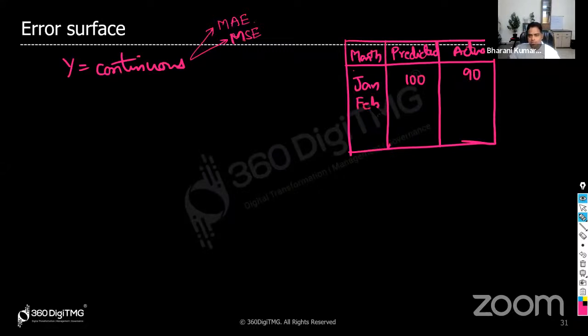And in the month of Feb, you predicted that sales would be $90 million, but actually say it was $100 million. For the month of March, say your model predicted that your sales will be $110 million, but actually your sales was $100 million. And in the month of April, say you predicted that the sales will be $100 million, but actually say it was $110 million.